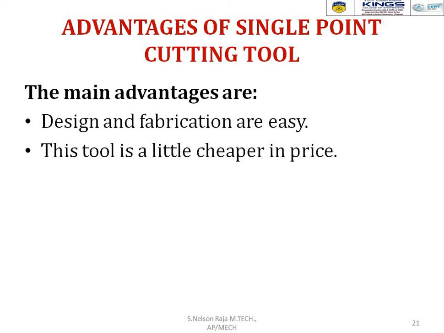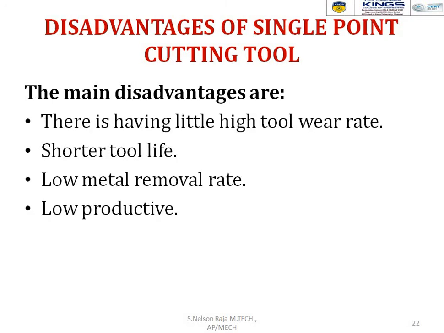So what are the advantages of a single point cutting tool? The main advantages are that design and fabrication are easy compared to other cutting tools, especially multi-point cutting tools. This tool is also cheaper in price. So these are the major advantages. And what are the disadvantages?